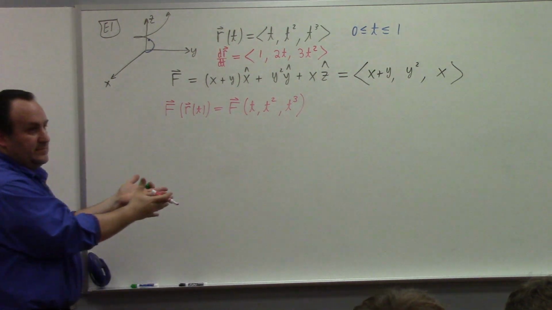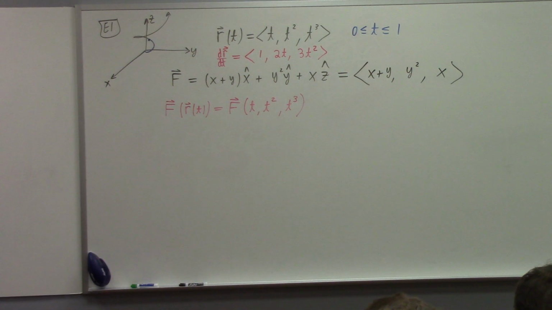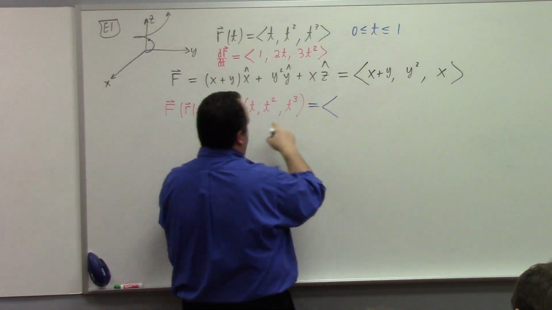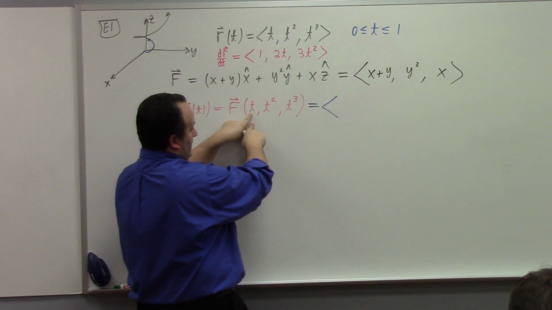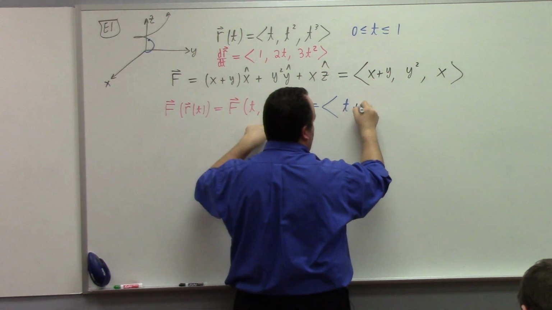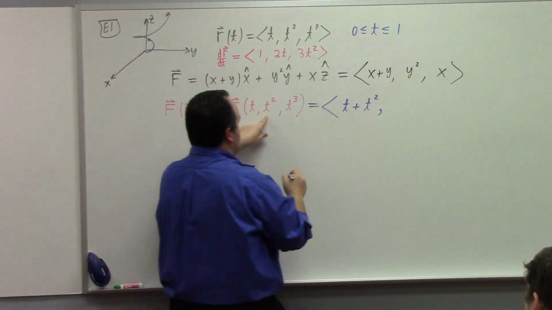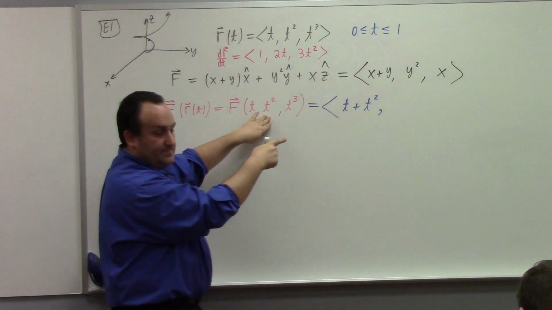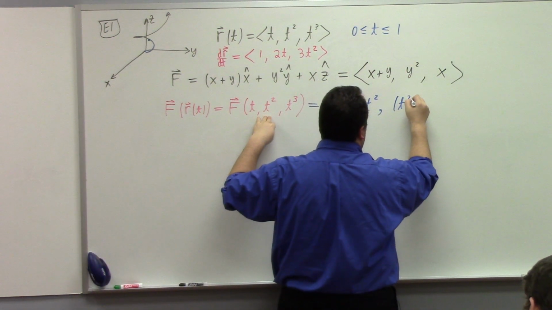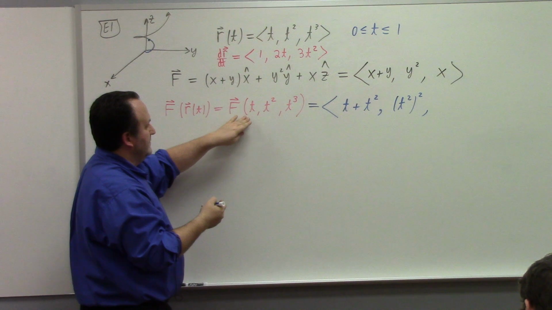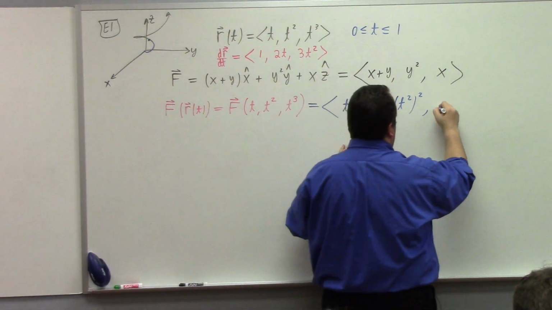What I mean by that is I need to put x equals t, y equals t squared, z equals t cubed in the formula for F. So x is equal to t, so I put t. y is equal to t squared, so I put plus t squared. What's y squared? Well, y squared would be t squared squared. And then x, well, that's easier. x is what? Just t. So there you go.